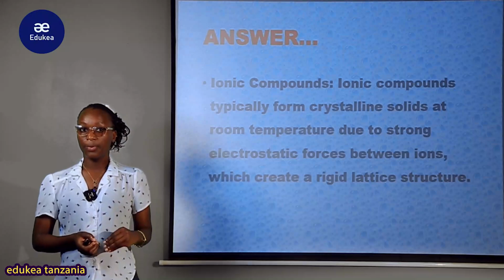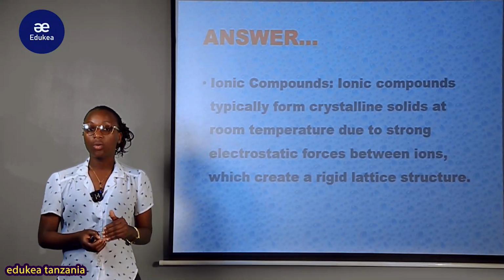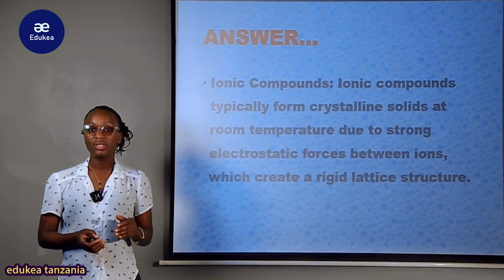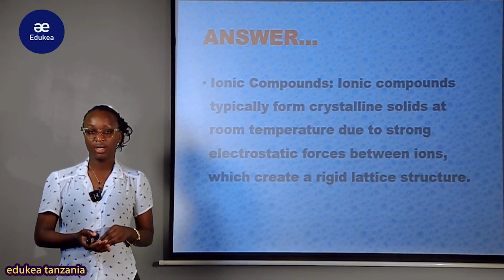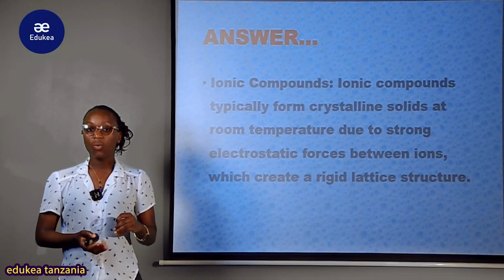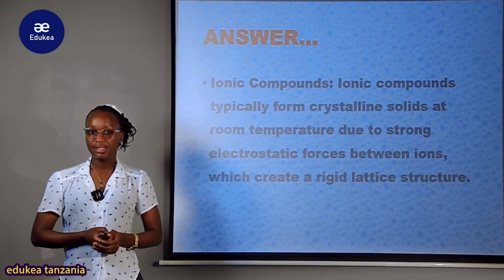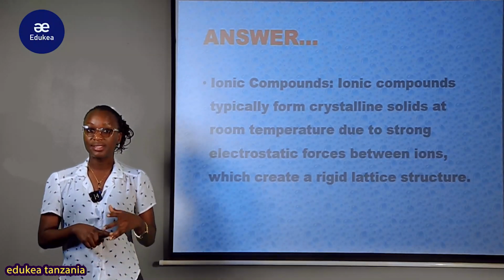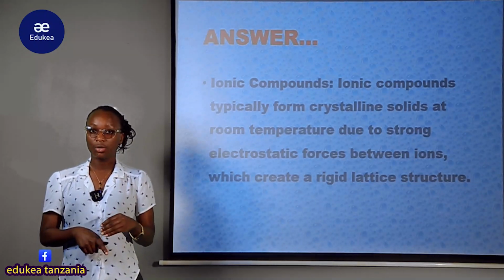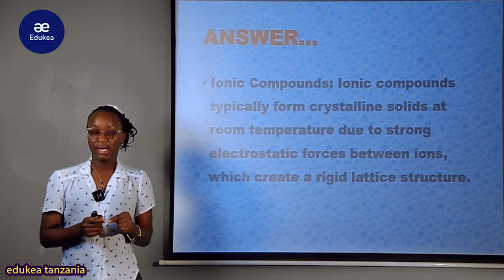So unaona tofauti uliopo kwenye electrovalent or ionic compound. Tunaona kwamba only these compounds zina exist in form of crystalline salts nature, but unapokuja kwa covalent compound you can see that they can exist as gaseous at the same time as a liquid, but somehow at a certain condition kuna kuwepo na some solid character.